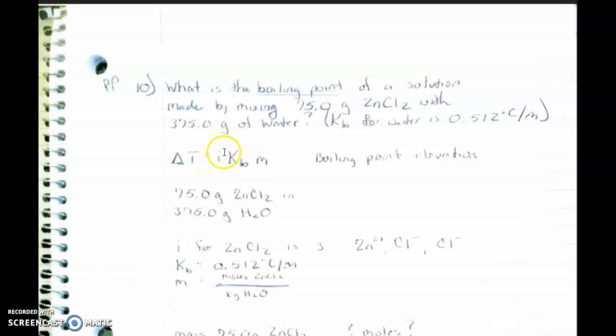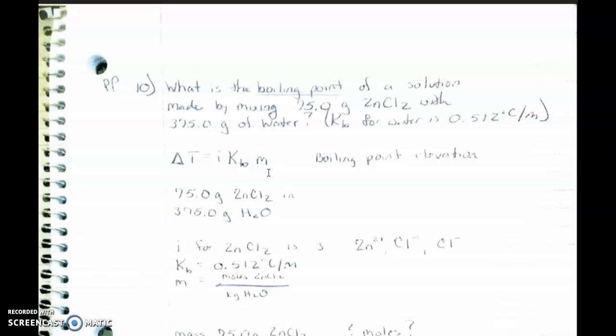And of course, again, this i represents the number of molecules or ions that the molecular ion splits into when it dissolves. Kb is the constant, m is the molality. And remember that molality is equal to the moles of the solute divided by the solvent in kilograms.